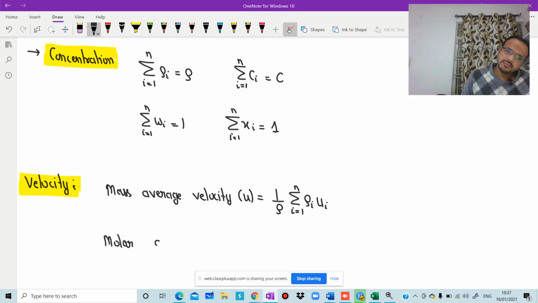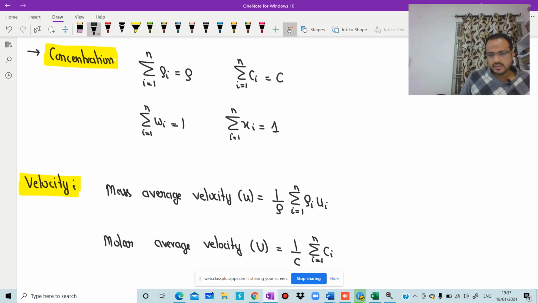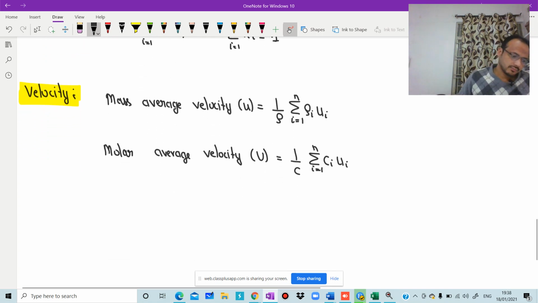Molar average velocity: u is equal to 1 by c, summation of i from 1 to n, ci into ui, where ui is the linear velocity of the ith species.